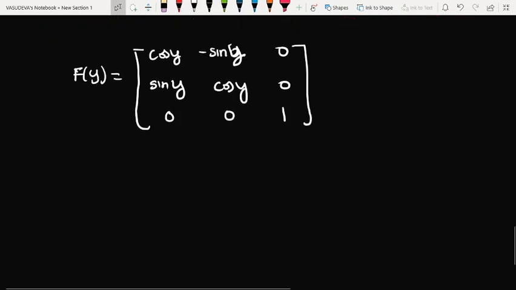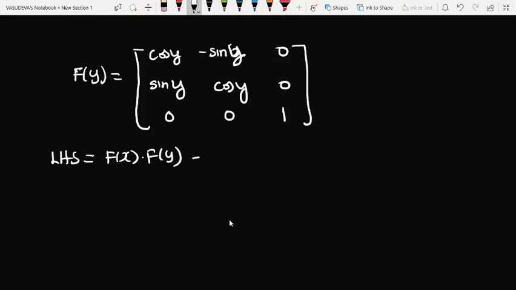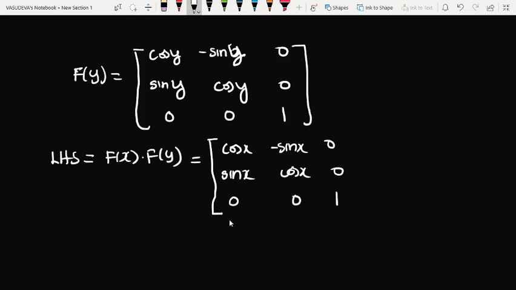Now take F of x into F of y, the LHS. So what is F of x? F of x is cos x, minus sin x, 0, and sin x, cos x, 0, 0, 0, 1.